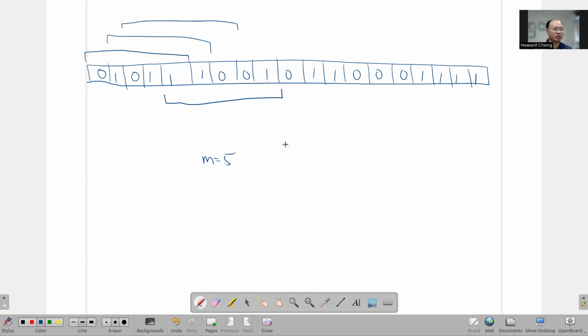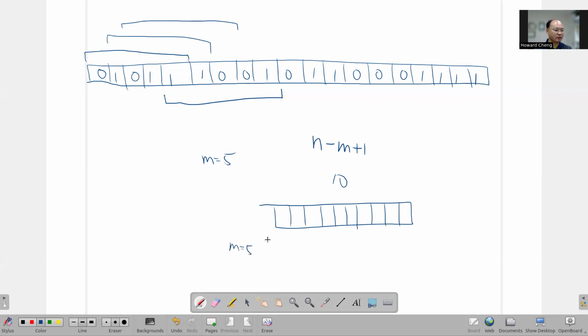Now, if you're going to do this the way that we described, we're going to look at all the windows. How many windows are there? N minus m plus 1. So if I have, let's say, 10 elements, 1, 2, 3, 4, 5, 6, 7, 8, 9, 10, and m is 5, then the first place can be any of these spots.